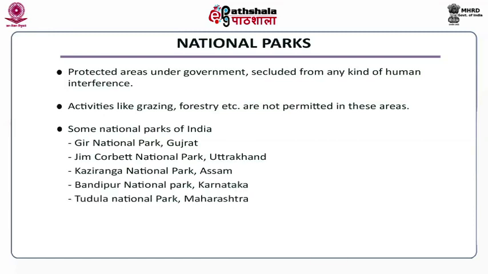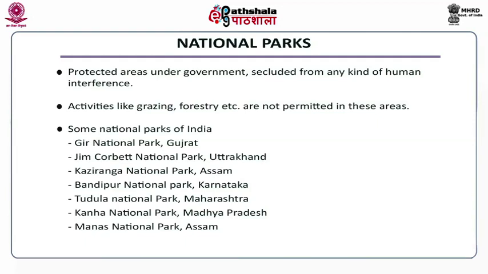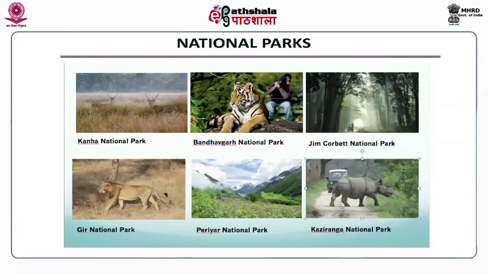Then Bandipur National Park, Karnataka, Tadoba National Park in Maharashtra, then Kanha National Park in Madhya Pradesh, Manas National Park in Assam, Keibul Lamjao National Park in Manipur. Dear students, I suggest you please make a list of all the national parks as well as a list of those national parks in which Project Tiger is going on.